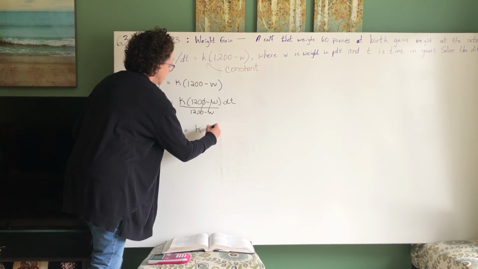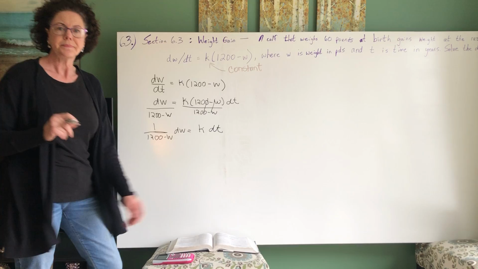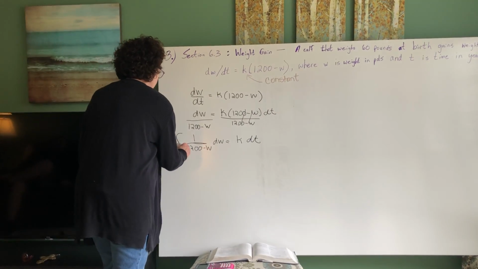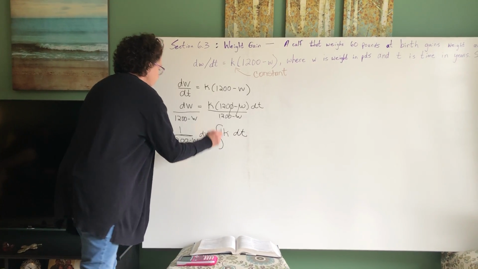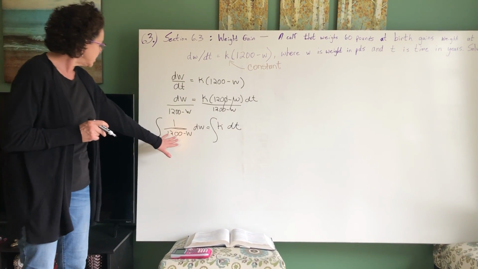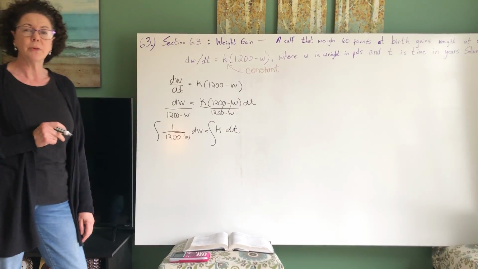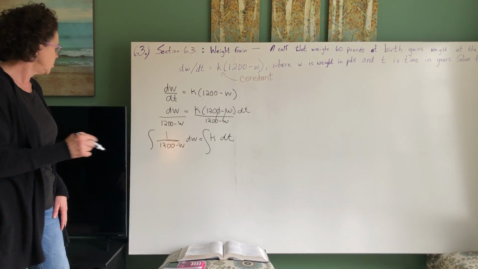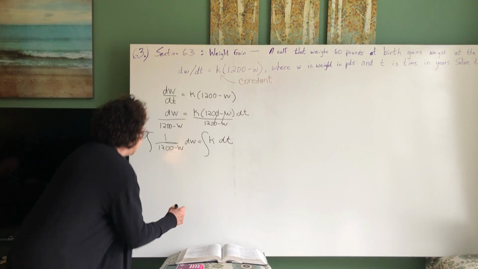equals K dt. The next thing we have to do is integrate both sides because we are solving for W. Notice that my expression on the left probably could use a u substitution, so I am going to do that here. It's easier if I kneel down.